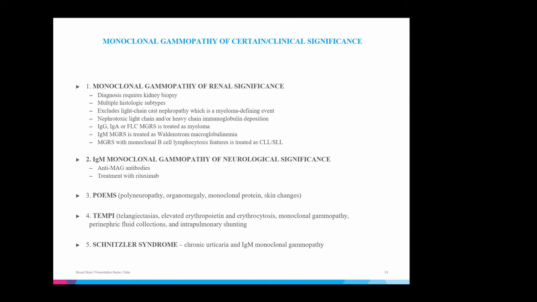There is also an IgM monoclonal gammopathy of neurologic significance, and these are patients with anti-MAG antibodies, and they are treated with rituximab. There's also an entity called POEMS, which you may have heard of: polyneuropathy, organomegaly, monoclonal protein and skin changes, and an entity called TEMPI, which is telangiectasias, elevated erythropoietin with erythrocytosis, and a monoclonal gammopathy, along with perinephric fluid collections and intrapulmonary shunting.